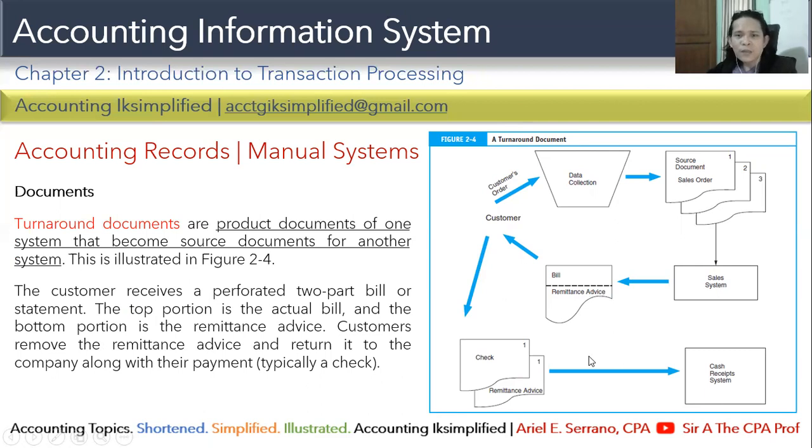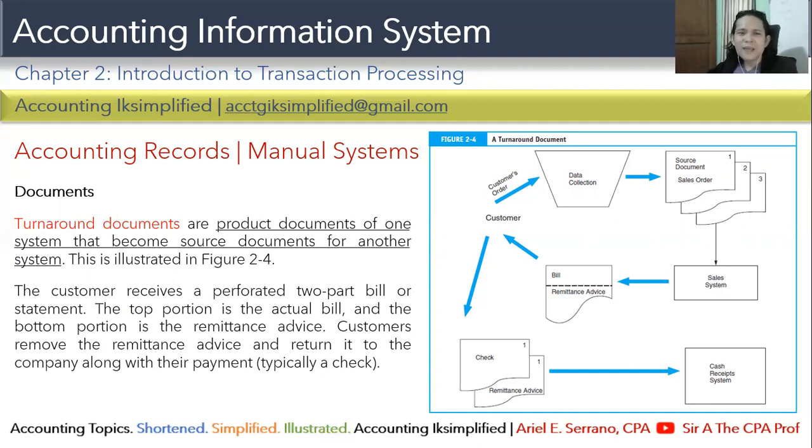Okay? So the remittance advice is what we call a turnaround document because the remittance advice together with the check will initiate the cash receipt system para may record yung collection. Okay? So yan po yung ating pangatlo.